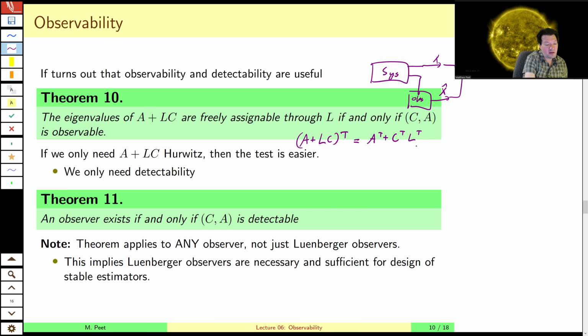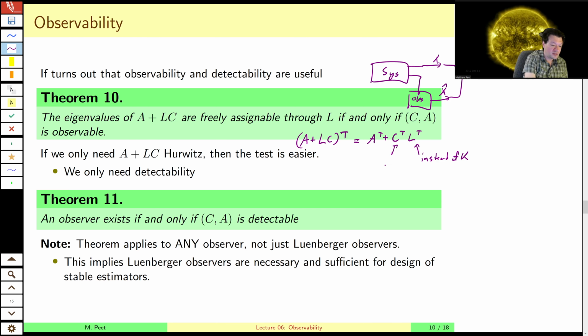And now here we have the uncertainty, the variable, on the right.